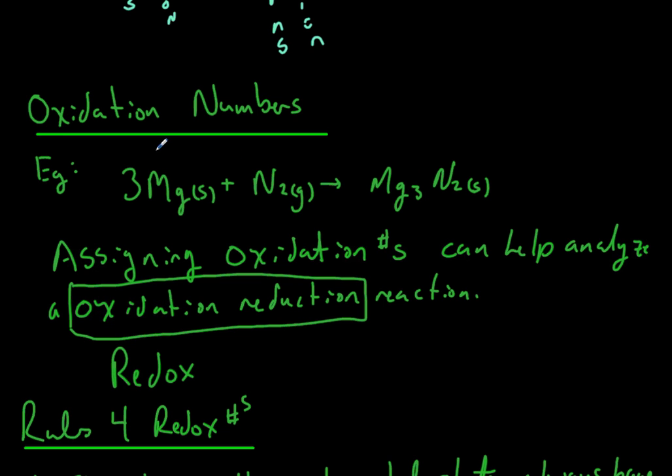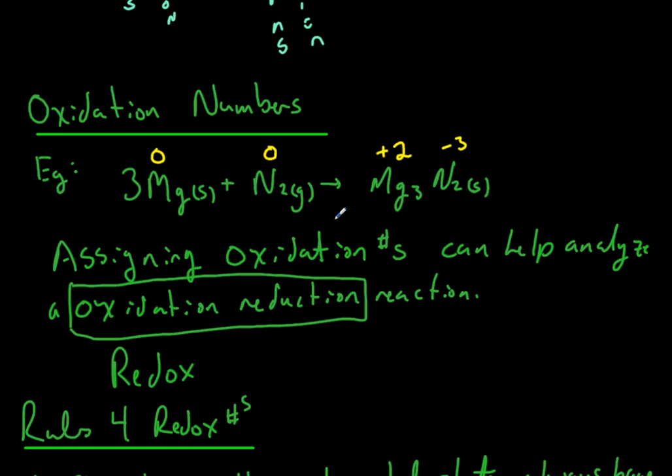Okay, so we started with 0 and 0. And after, well, magnesium here is an alkaline earth metal, sorry. So we should have a +2 charge, and there's 3 of them, so +6. So nitrogen should have a -3. So if we look, who gained electrons? Nitrogen.